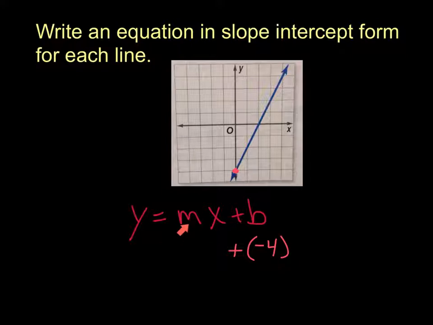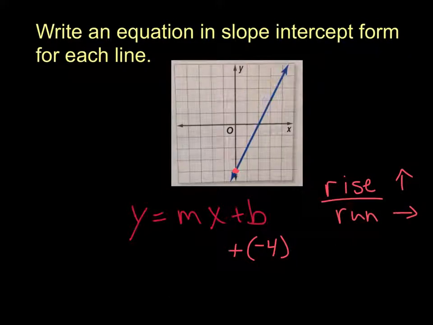And now I want to find the slope. If you remember, slope is the rise over the run, or the vertical change over the horizontal change. To find that slope, we're going to start at our y-intercept right here. Then I'm going to find the next point where this line goes through our vertical and horizontal lines of our grid, and we can see that point is right here.